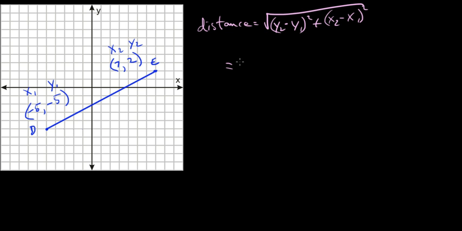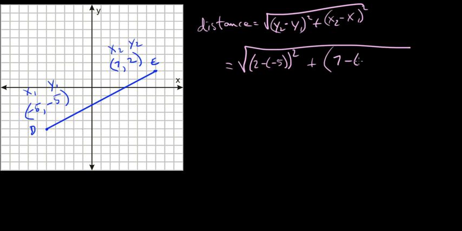And that is equal to the square root of 2 minus a negative 5 squared plus 7 minus a negative 5 squared, equals the square root of 2 minus negative 5 is 2 plus 5, which is 7 squared, plus 7 minus a negative 5 is 7 plus 5, which is 12 squared.